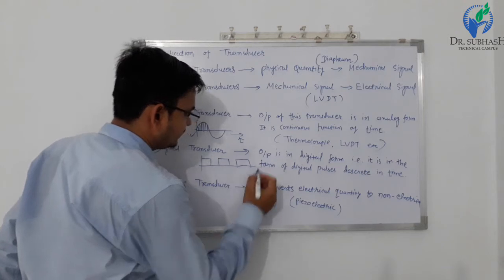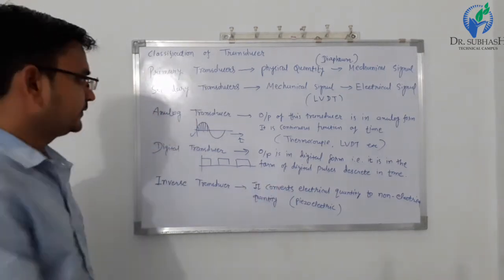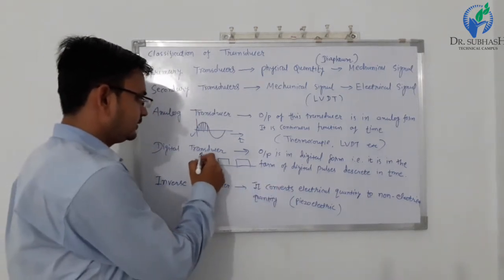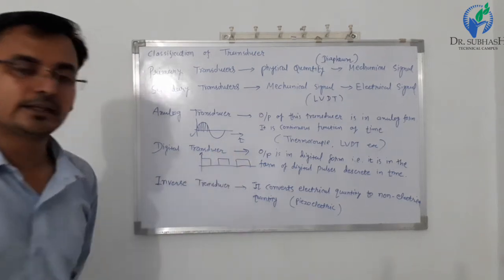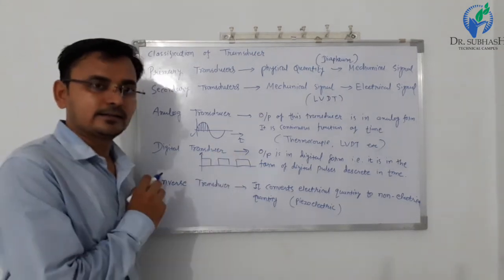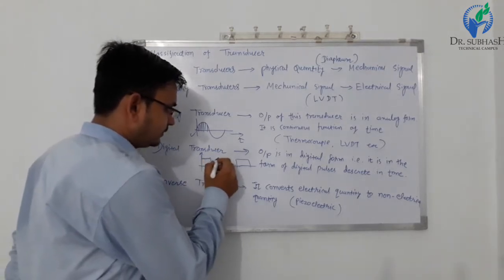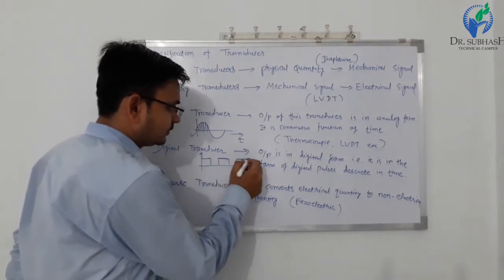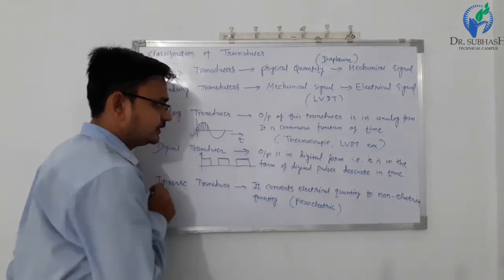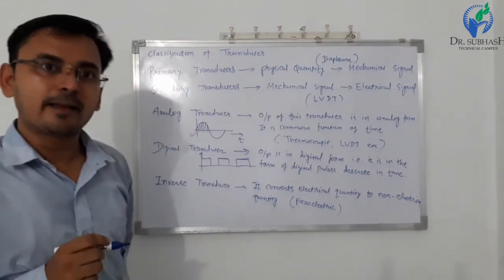If we get this type of output, then we can say that it is a digital transducer. The amplitude is fixed for some time. So this type of signal is known as discrete in time.